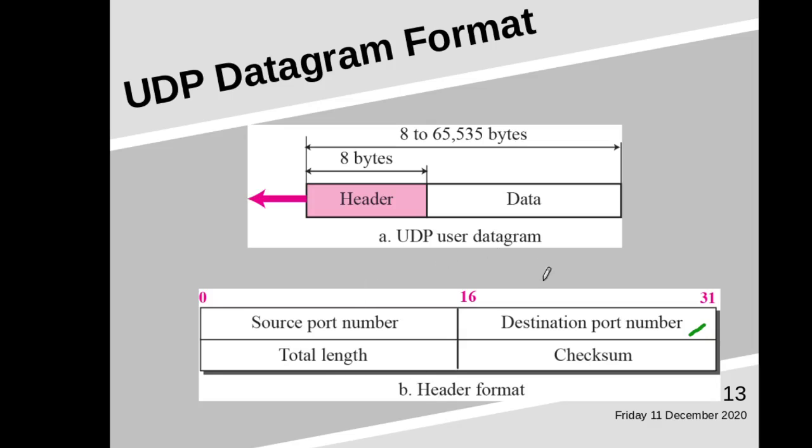In an actual UDP user datagram, you need less than these 65,000 bytes. So it is okay, this is done, right? Checksum is the same thing. It is calculated for the whole user datagram, header plus data.